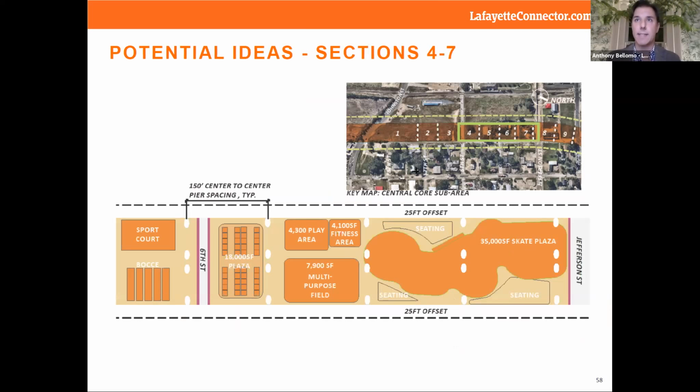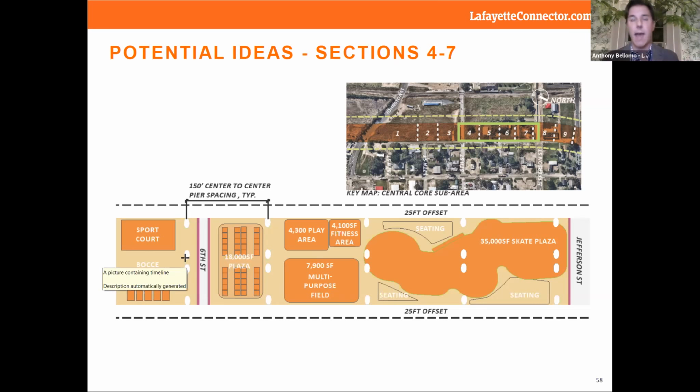And if I look at another area within the same sub area, this is the idea that you don't necessarily have to look at these as individual compartments, but rather a series of them could be strung together. So for example, the space between 6th Street and Jefferson, where there's these 4 sub areas that are created through the pier placement, there could be programmatic uses that are woven through there. And it remains to be seen whether the community wants a skate park or whether the community thinks they need sports fields or other active use courts like a basketball court or a tennis court.